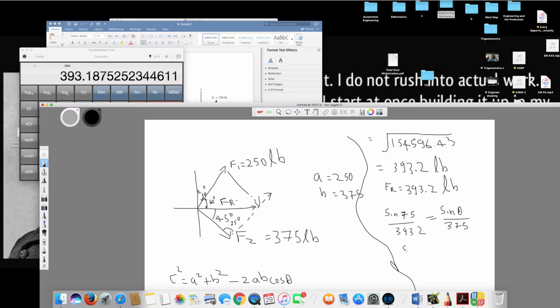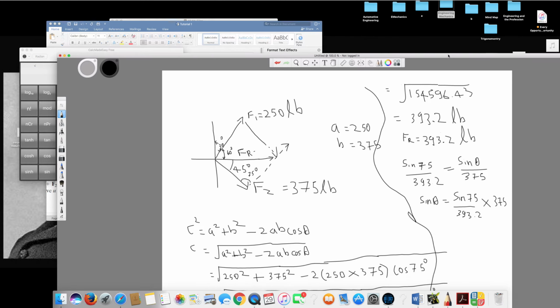So sine theta is going to be equal to sine 75 over 393.2 multiplied by 375. Let's see what we get here.